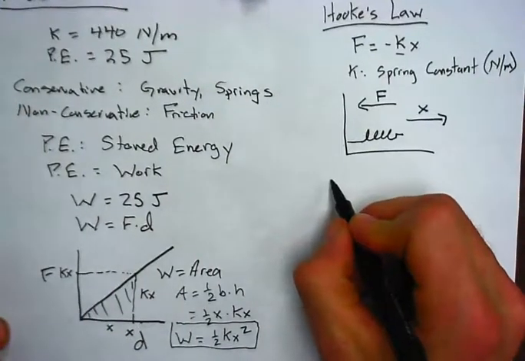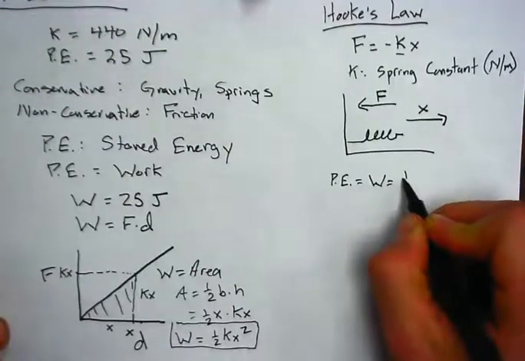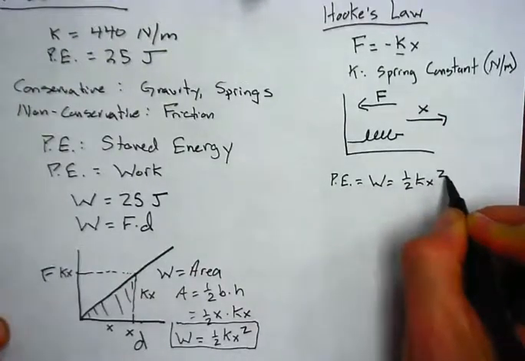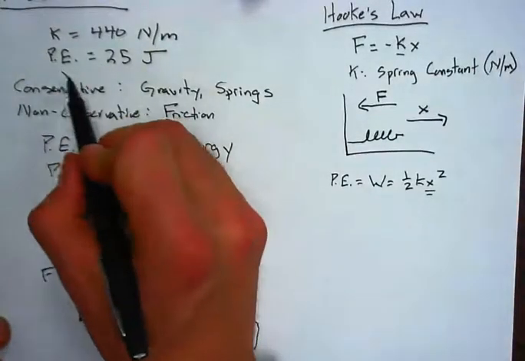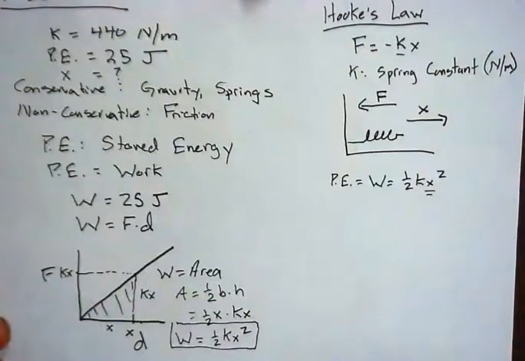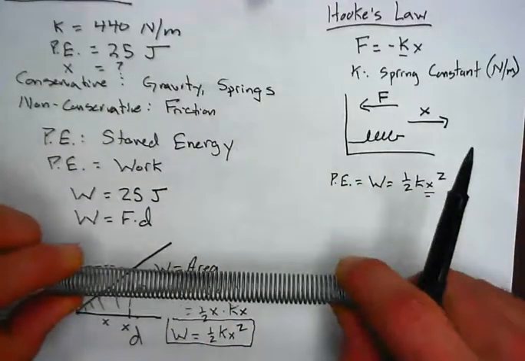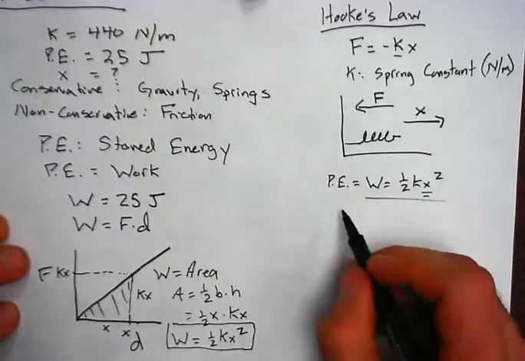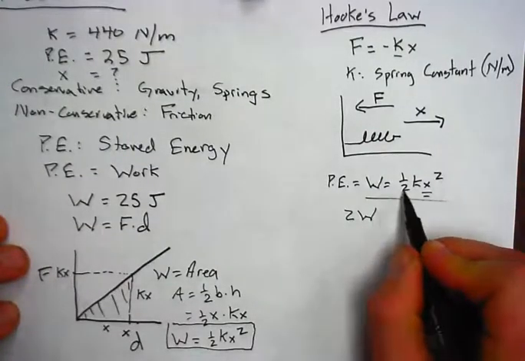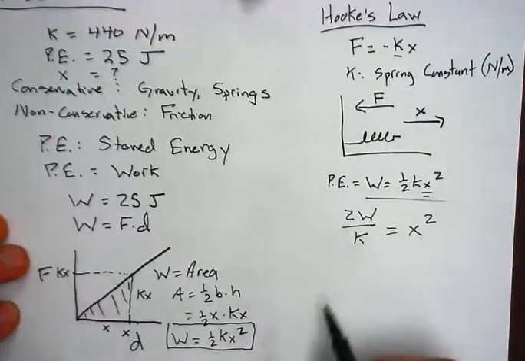The potential energy is equal to the work, which is equal to 1/2 k x squared. And we want to know in this problem how far we have stretched the spring. What is this distance x? We have to stretch the spring to get 25 joules worth of stored work. Let's do a little algebra. 2 times W divided by k is equal to x squared.